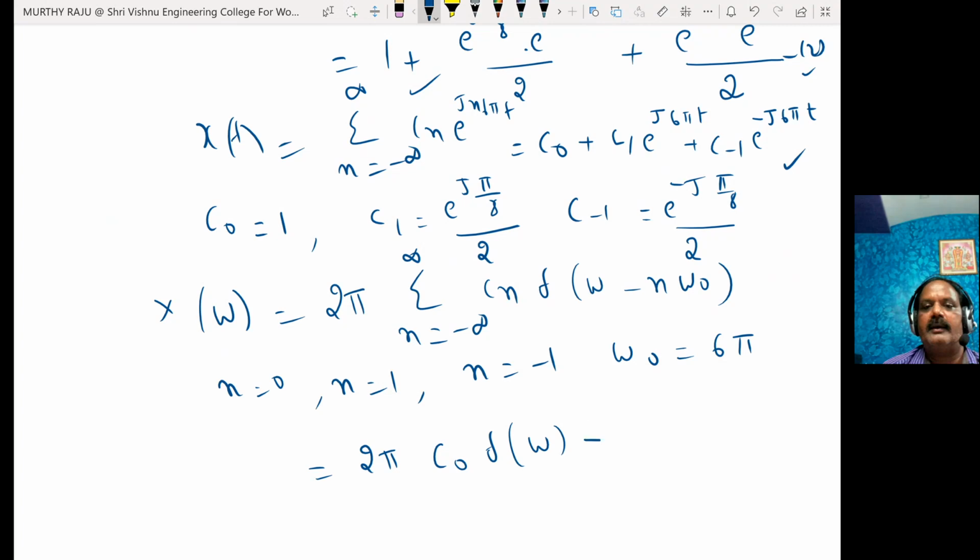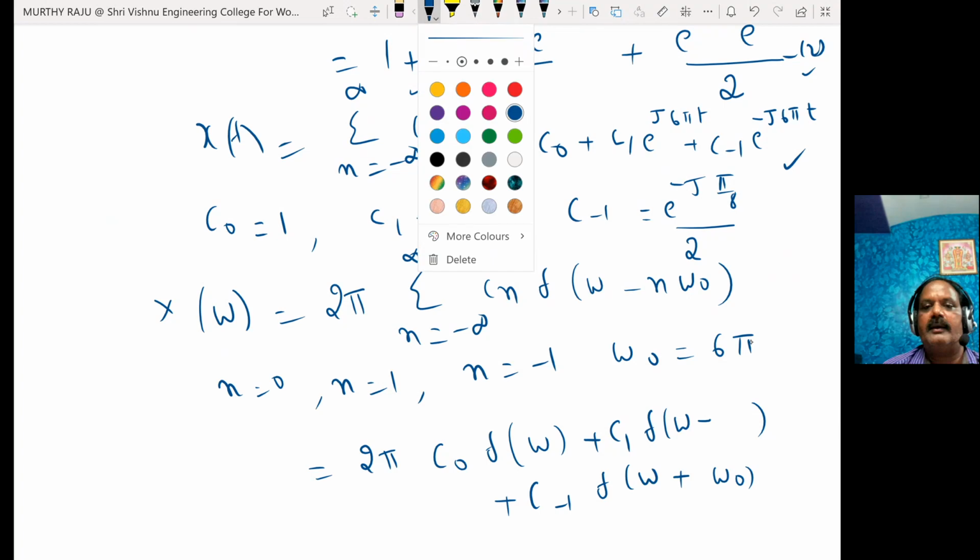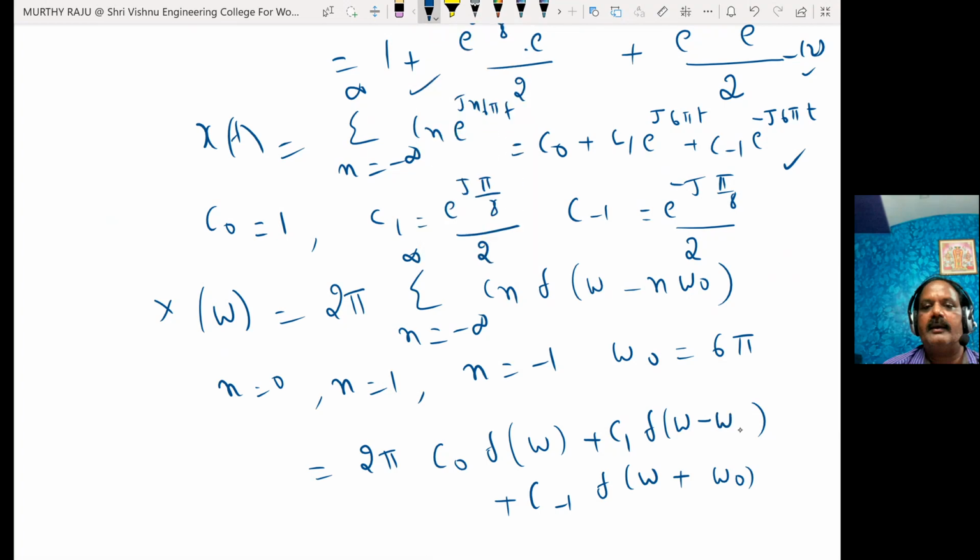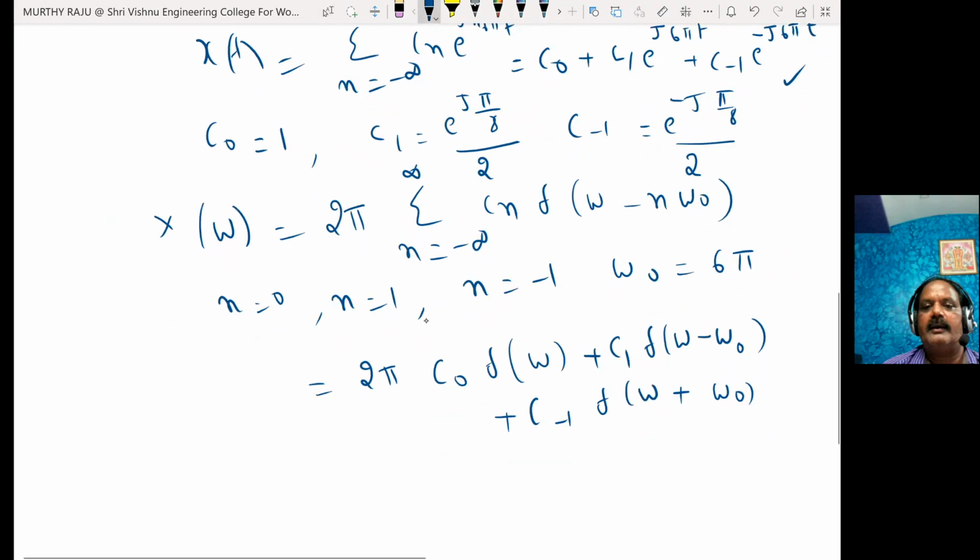Next, n is equal to 1 gives C1 delta of omega minus omega naught, and n is equal to minus 1 gives C minus 1 delta of omega plus omega naught. 2 pi is common.